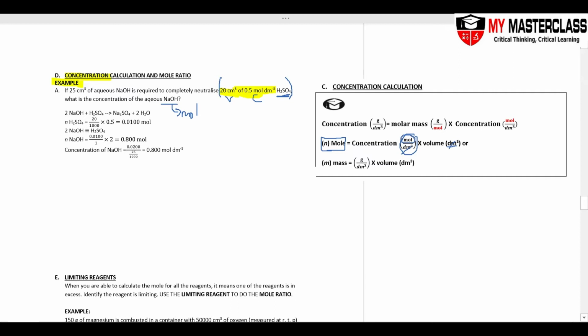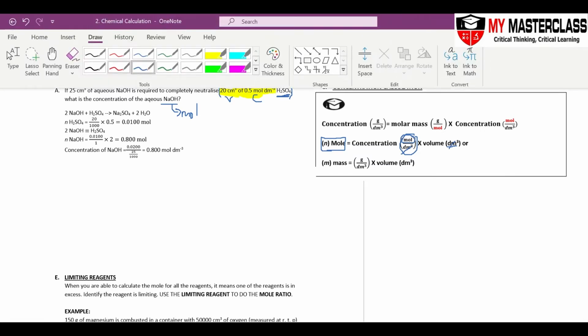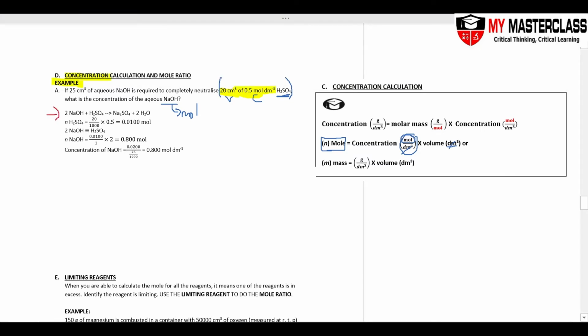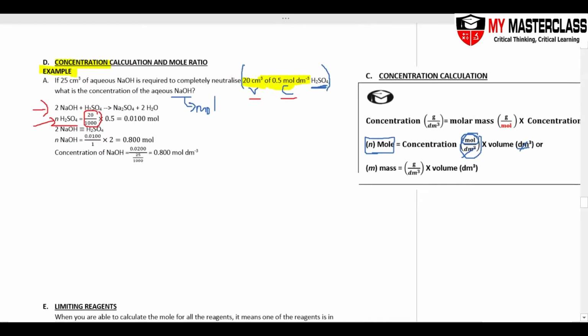In this example, step 1 is to write your balanced equation first. 2 sodium hydroxide needs 1 H2SO4 to give me 1 sodium sulfate plus 2 H2O. Anything with the volume and the concentration, you can find the mole first. So the mole of my sulfuric acid is the volume 20 divided by 1000.